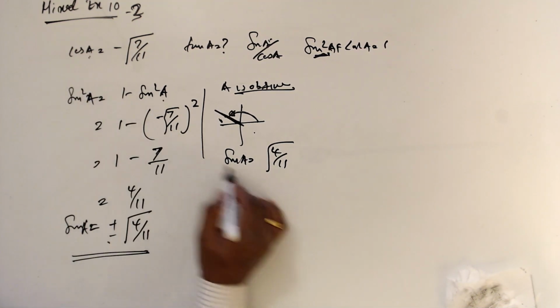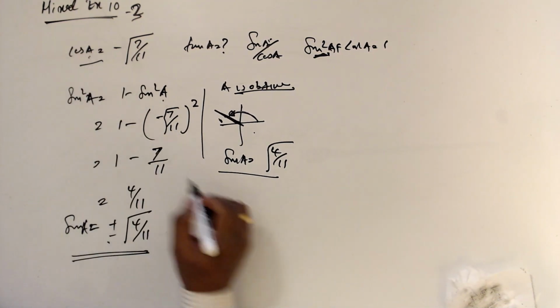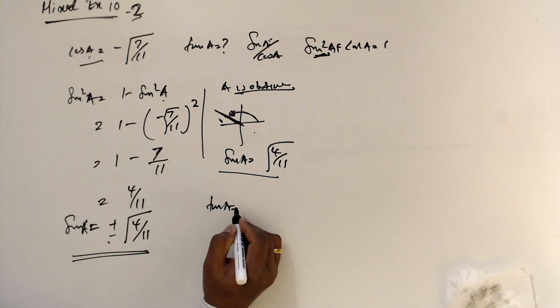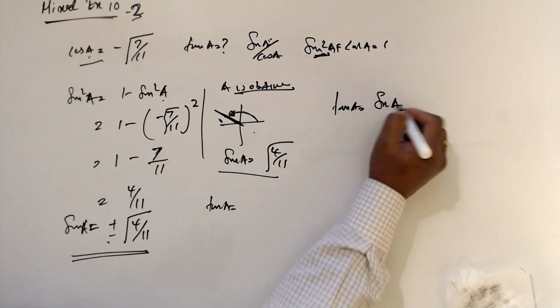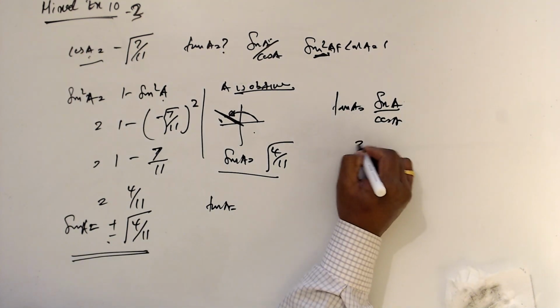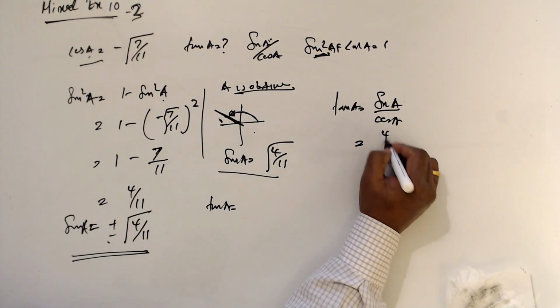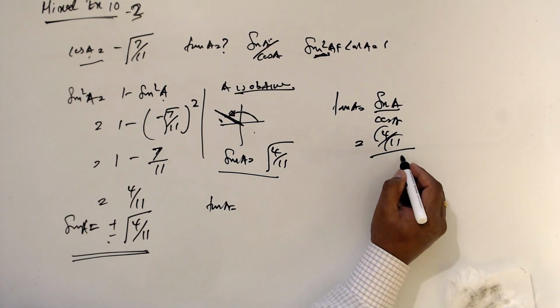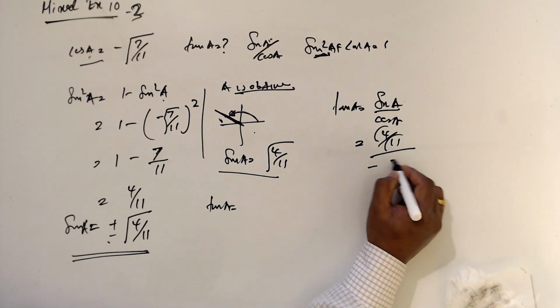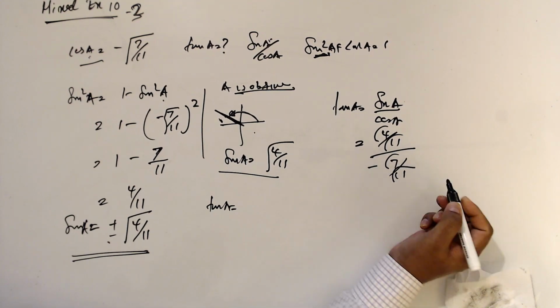Now we have sine A and we have cos A. Tan A means sine A over cos A, where sine A is square root 4 over square root 11 and cos A is minus square root 7 over square root 11.